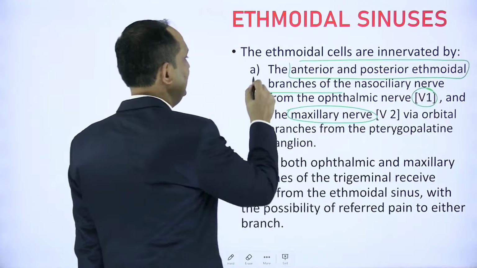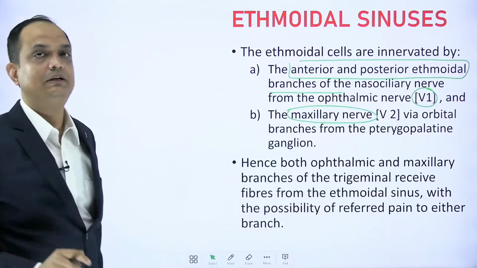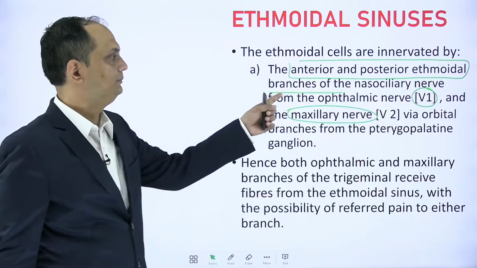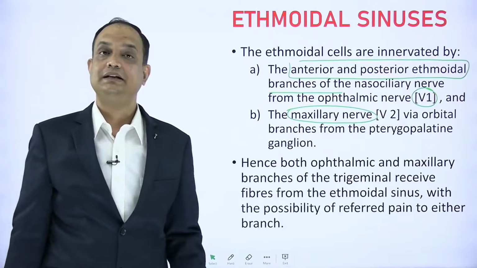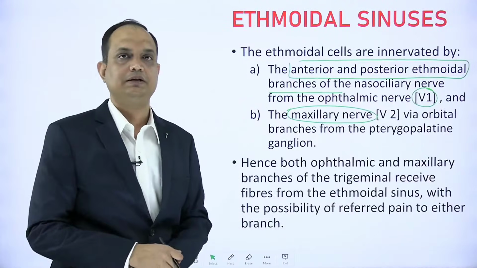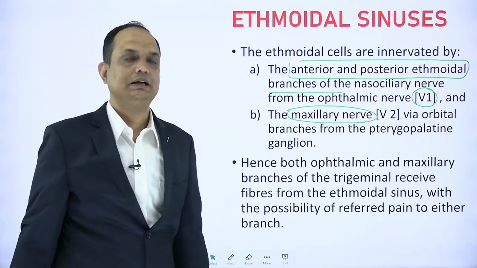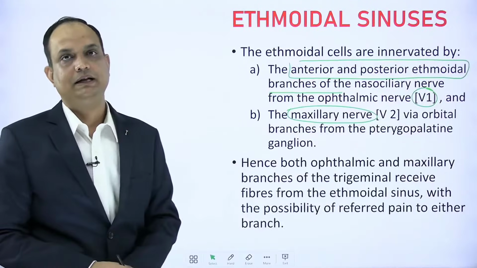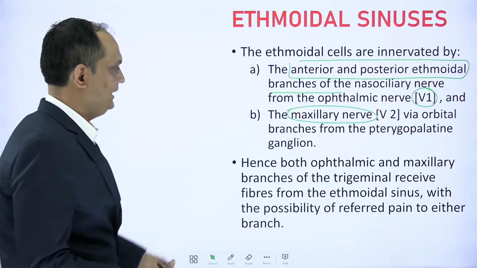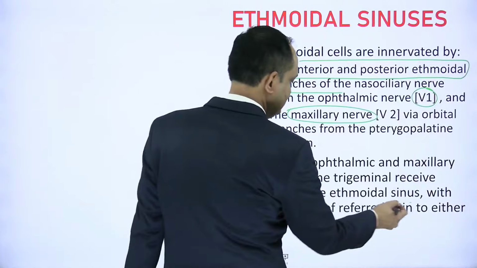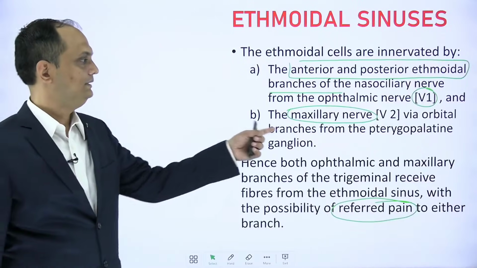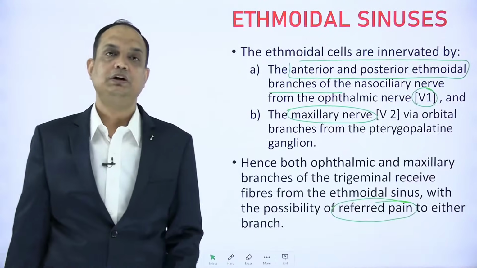So here you can see that two divisions of the trigeminal are supplying your ethmoidal air sinus: one is the ophthalmic division and the second is the maxillary division. The maxillary division supplies with the help of the orbital branches, and these orbital branches come from the pterygopalatine ganglion. Because of the two sources of nerve supply, sometimes referred pain is seen in sinusitis of the ethmoidal sinuses, in the area supplied by these two nerves.